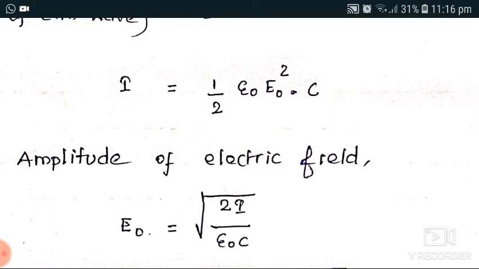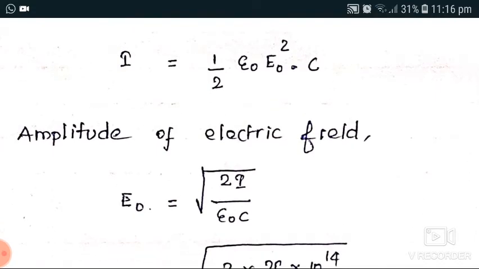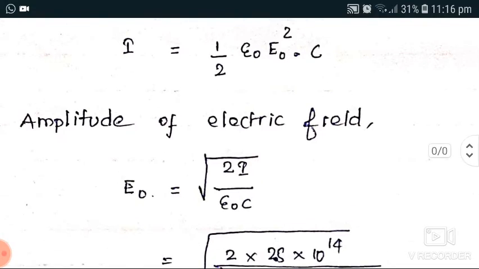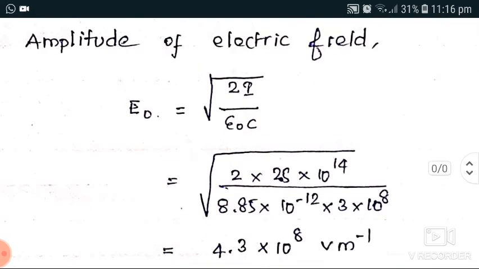Taking the square root, E naught is equal to the square root of 2I divided by epsilon naught into c.